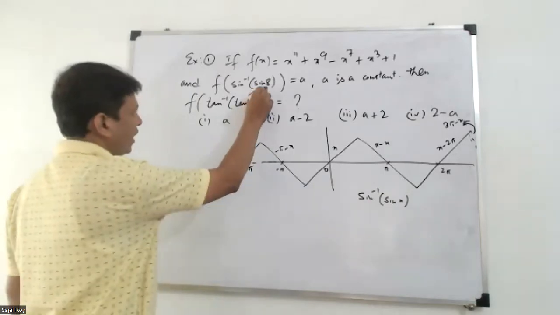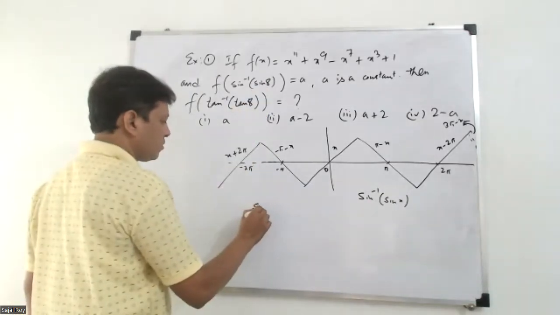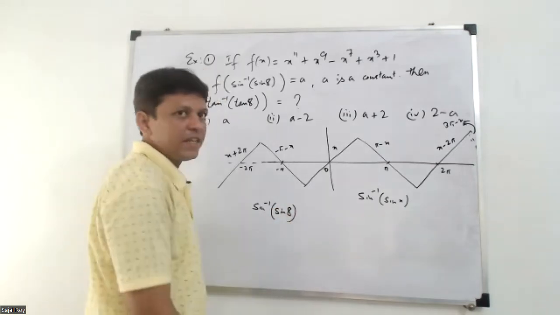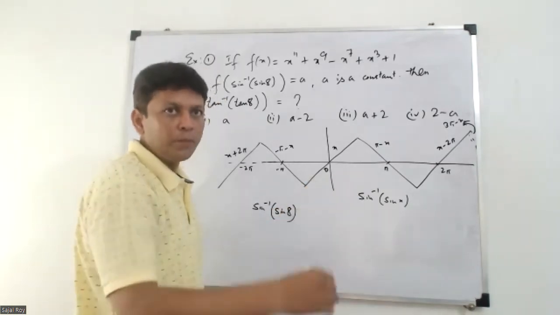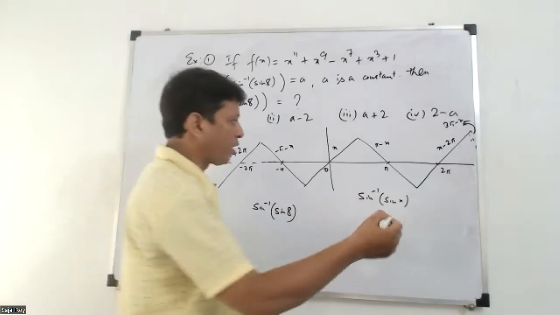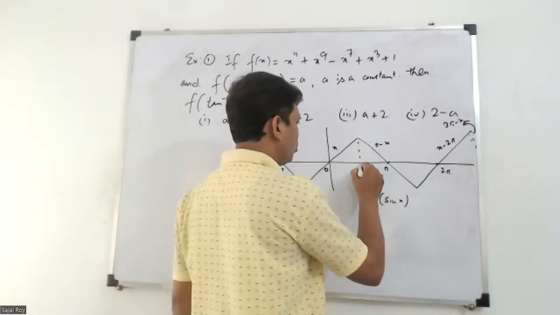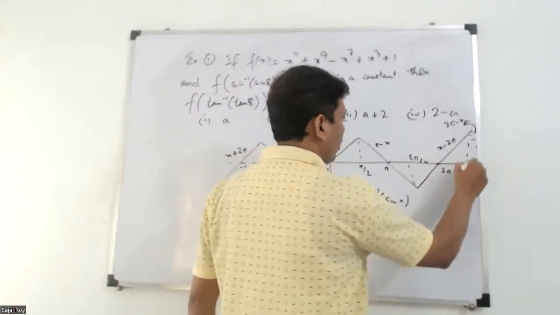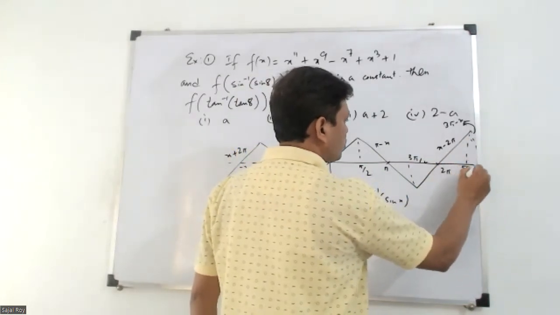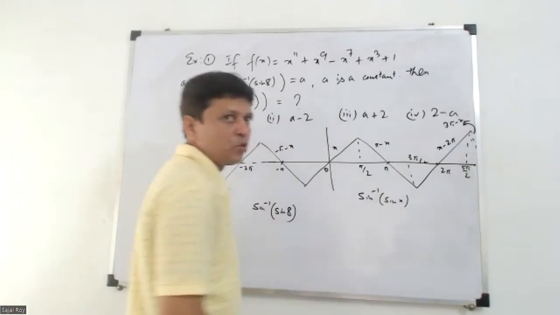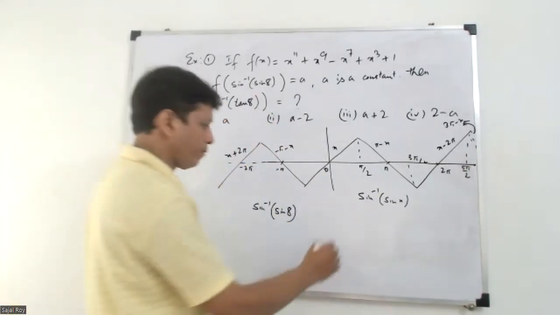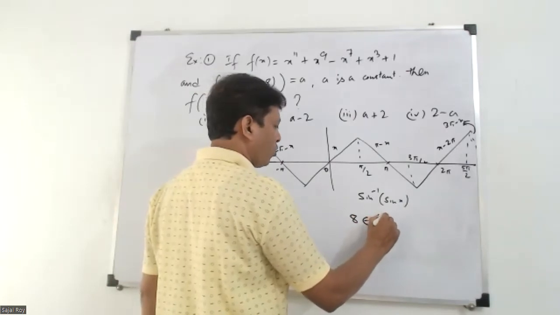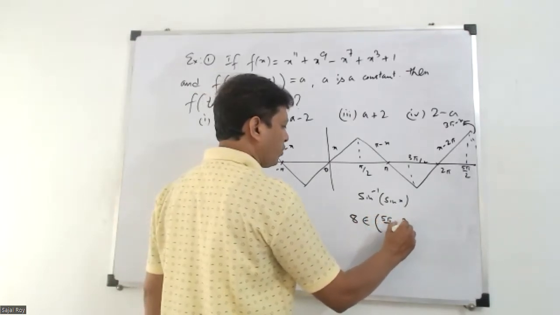So what about your sin inverse sin 8? 8 is actually before 3 pi. This is your pi by 2, this is your 3 pi by 2, and this is going to be your 5 pi by 2. So your 8 will be between 5 pi by 2 and 3 pi. So 8 is a radian measure that belongs to the range 5 pi by 2 comma 3 pi.